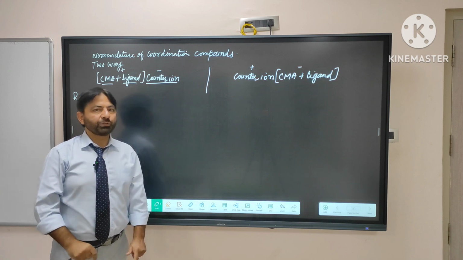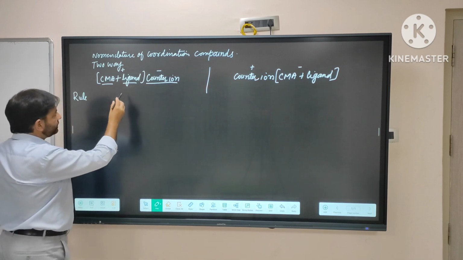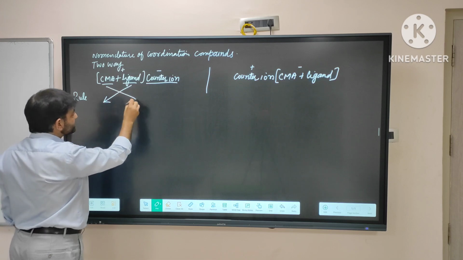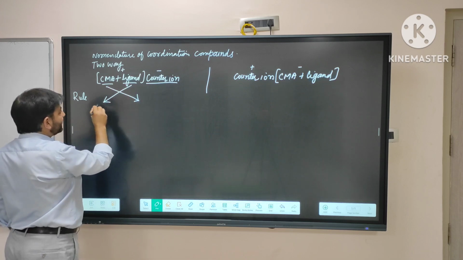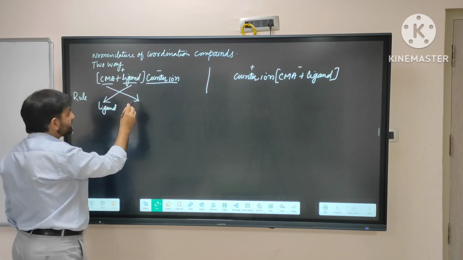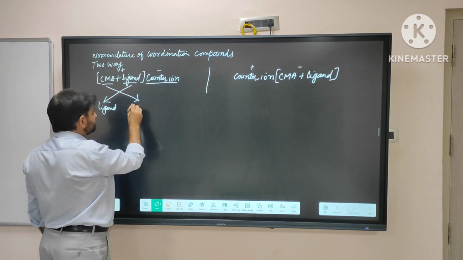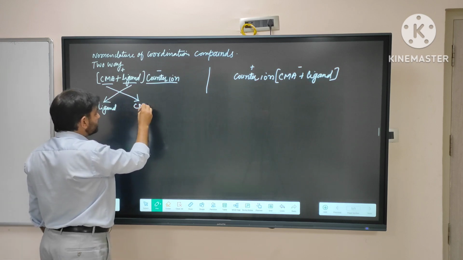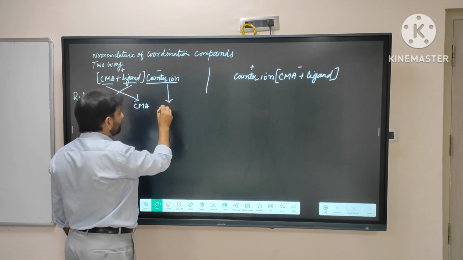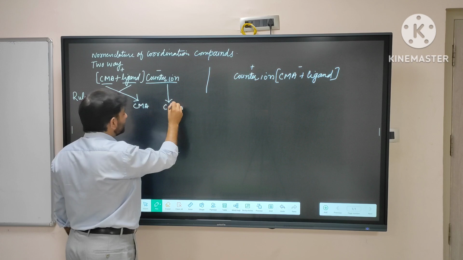That's the question. So I am telling you what we will do. We will cross it like this. So the ligand will come first, the central metallic atom will be second, and the counter ion will be third.